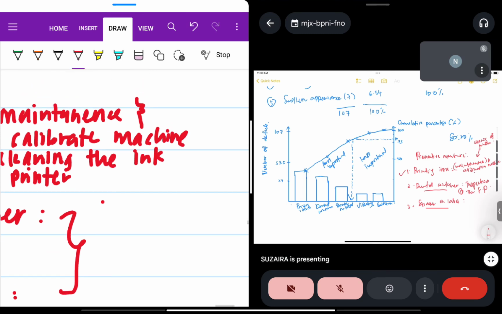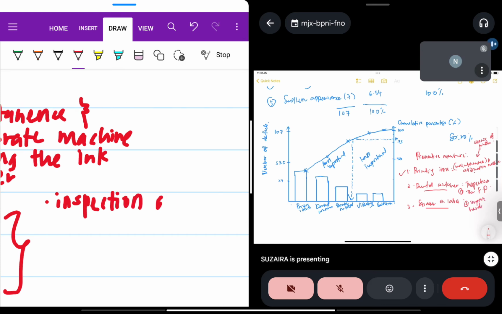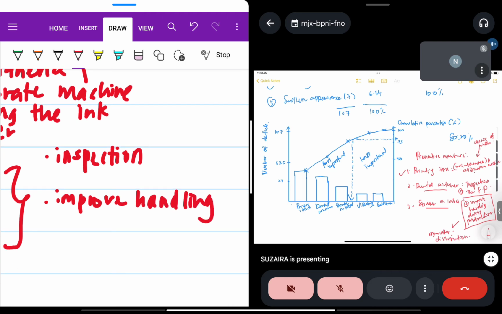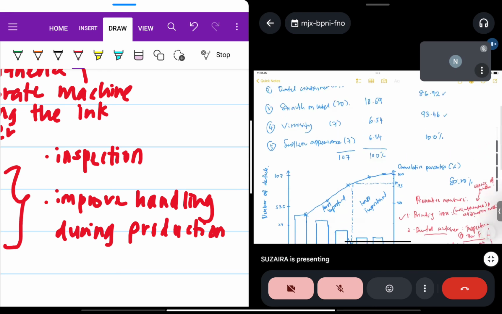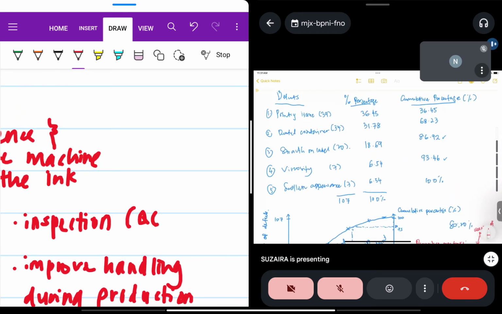Number 2 is to improve handling during production. This focuses on the operators, how they handle the products, or during distribution, whenever we transport from the factory to the retailers. From there we can reduce the defects.